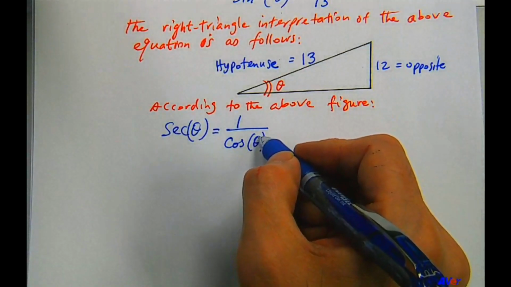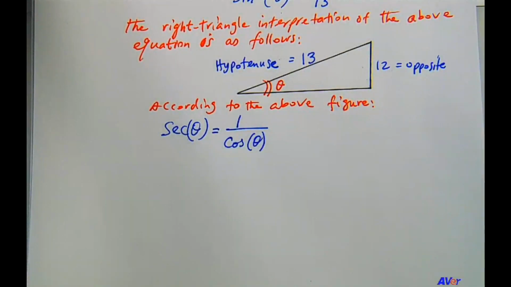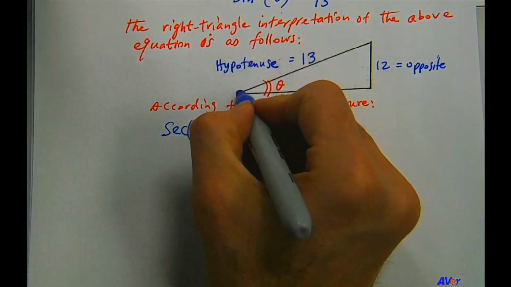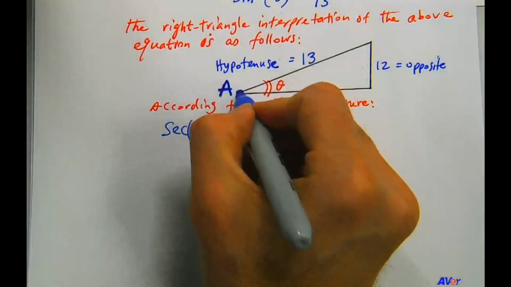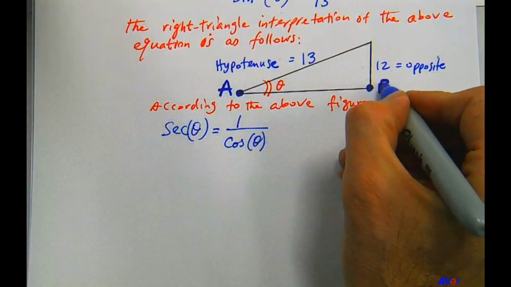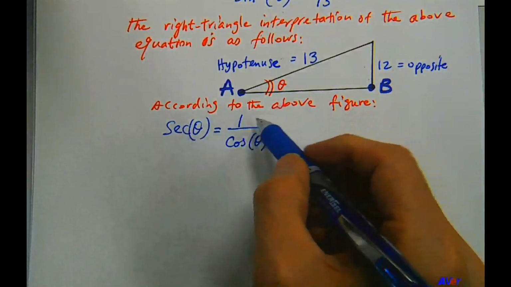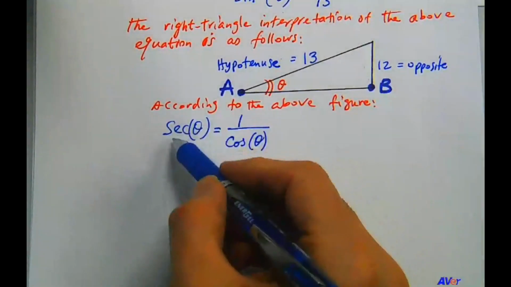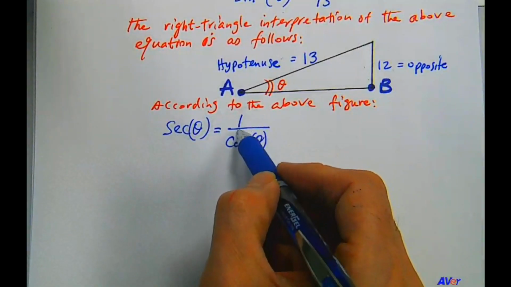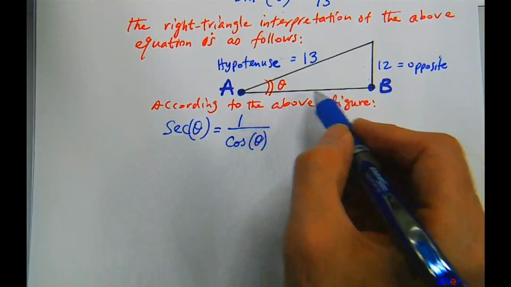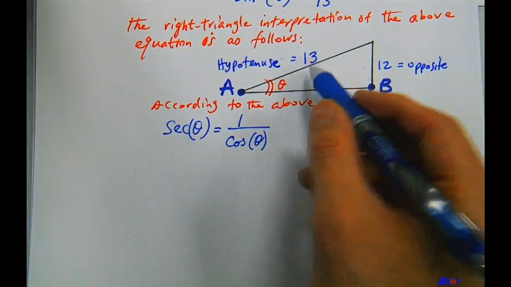The cosine function, and let me use one of my thick markers to label this. So let's call this point A, and let's call this B. So secant is the reciprocal of the cosine function, and the cosine function is the adjacent side divided by the hypotenuse.